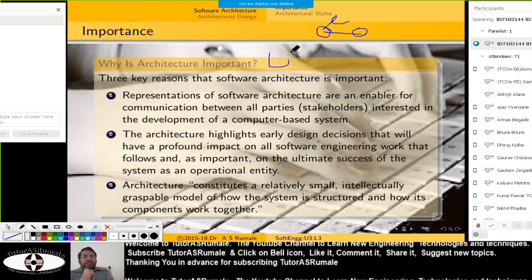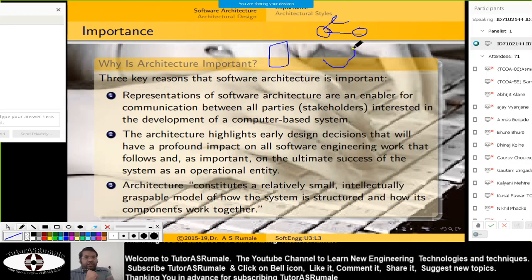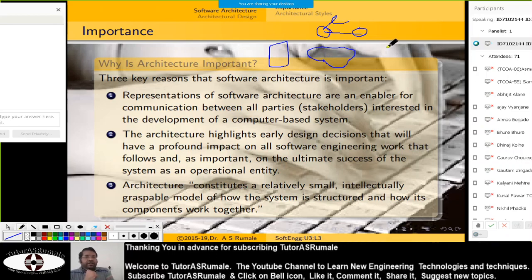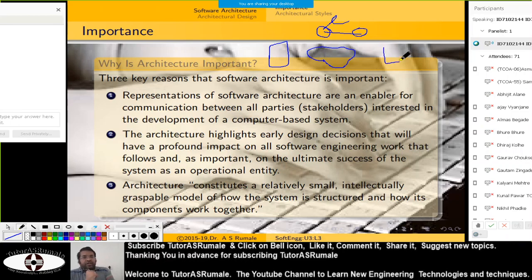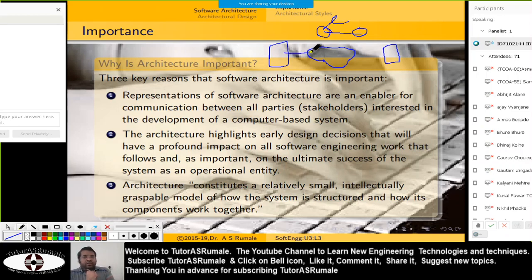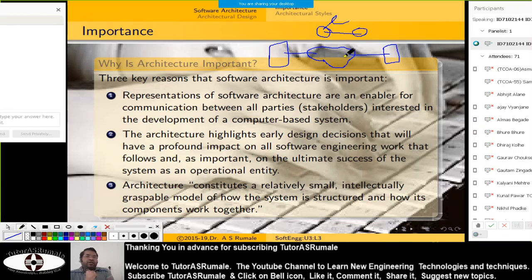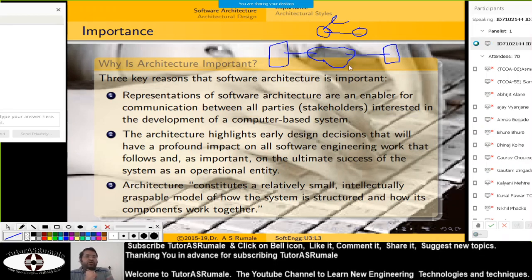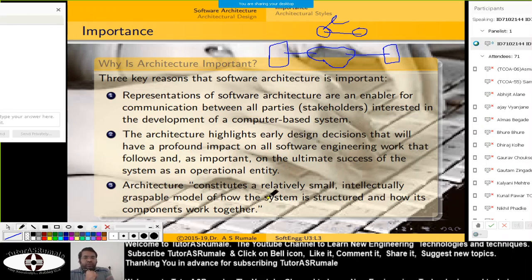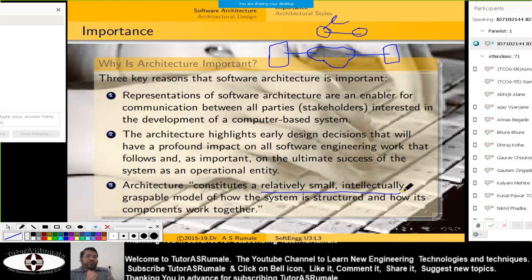In the same way, if I say, give me a client server architecture, now you know that there is a client, between them there is a network, and there is a server. So this client is communicating with the server via this network. This is what we call relatively small but intellectually graspable.